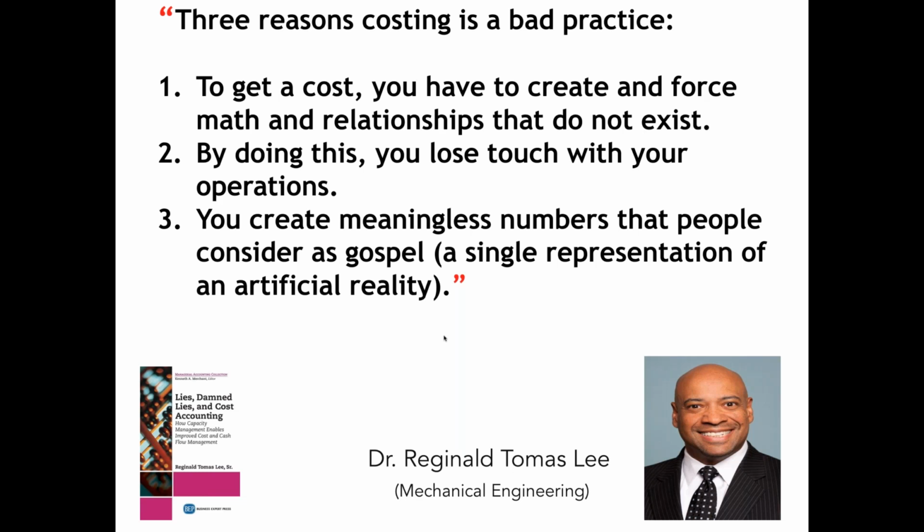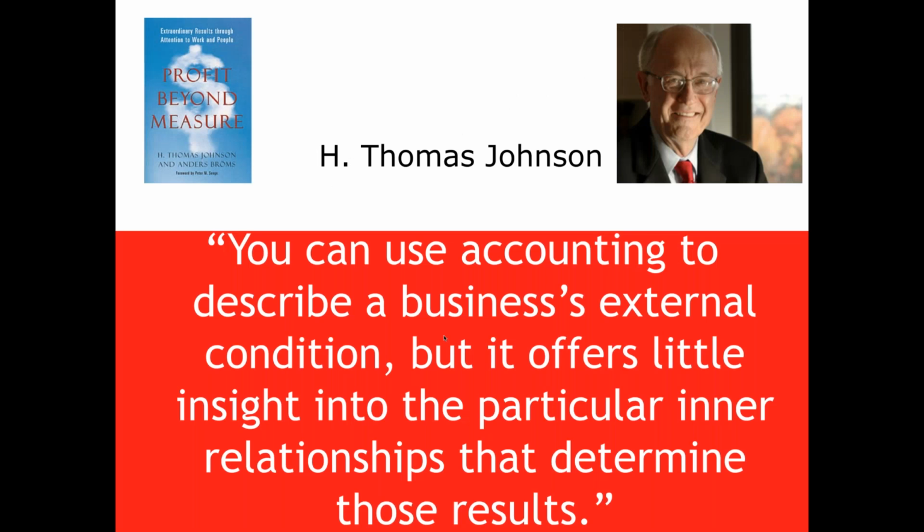So those are Lee's three arguments of why cost accounting specifically is a bad practice. Here's what H. Thomas Johnson says, and again, this is the father of activity-based costing that Goldratt described as a new way to be wrong. And now I believe that Johnson would totally agree with that.